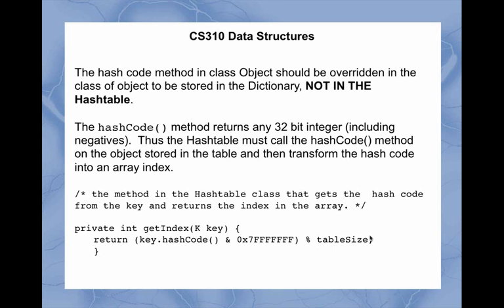So if the table is 1000 in size, using this mod operator, we're going to end up with a number in the range 0 to 999. If the table size is 10, we're going to have indices in the range 0 to 9. So this is exactly the range of indices that fit your table. The mod operator gives you exactly this range.